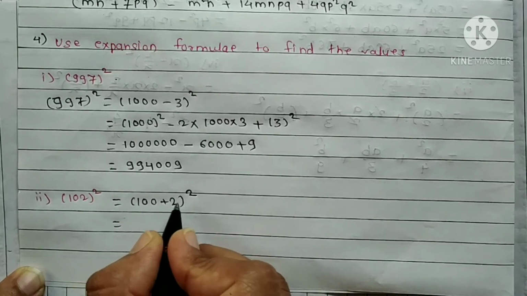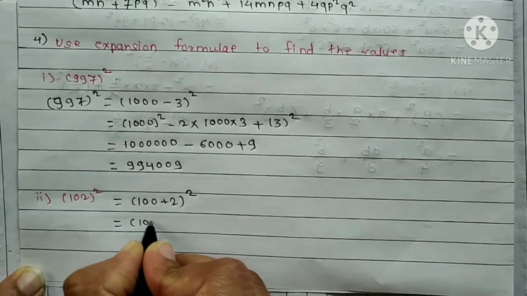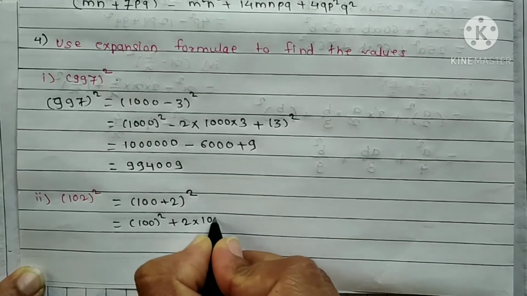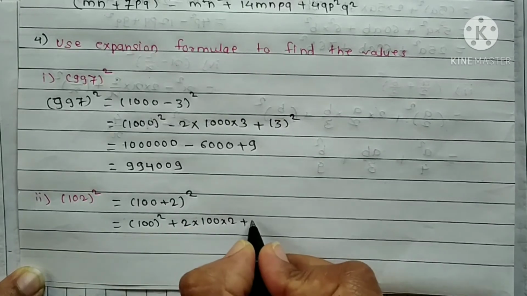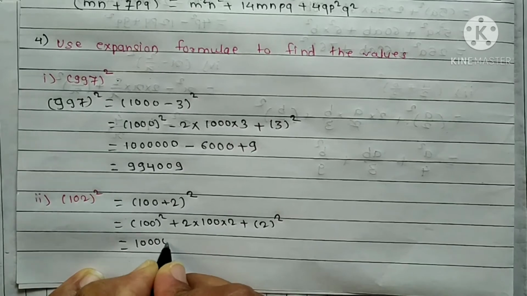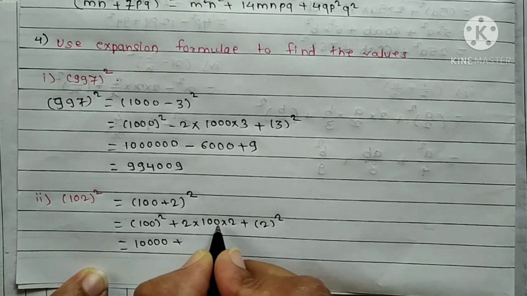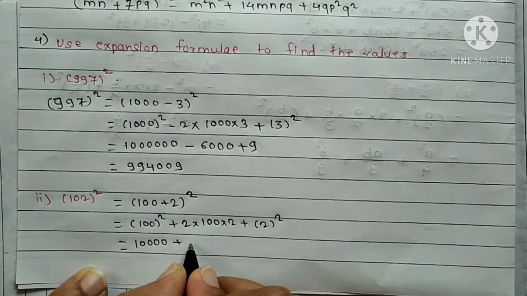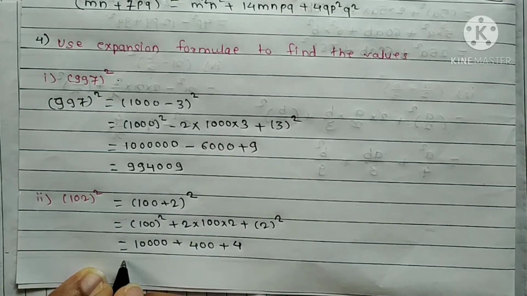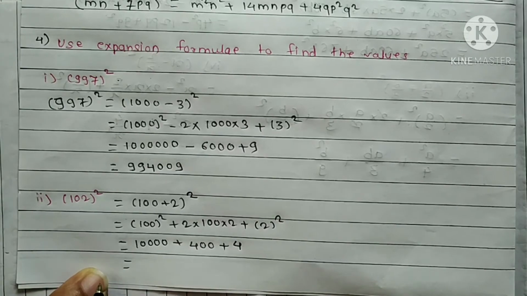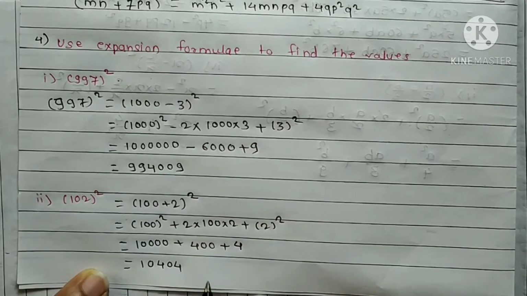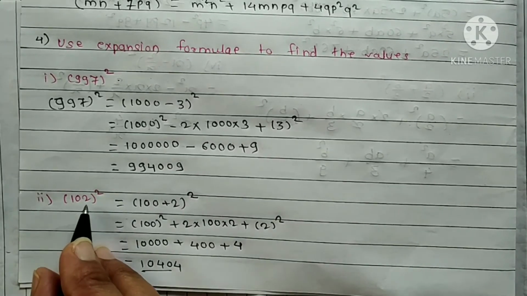So by using that we can write 100 square plus 2 into ab, that is 2 into 100 into 2, plus b square, that is 2 square. 100 square is 10,000 plus 2 into 100 into 2, that is 400, plus 2 square is 4. After addition you get 10,404. Okay, this is the square of 102.